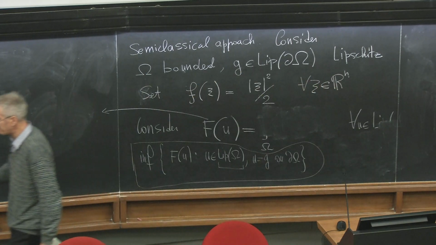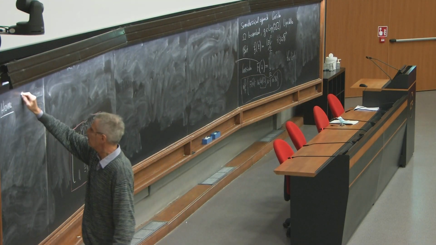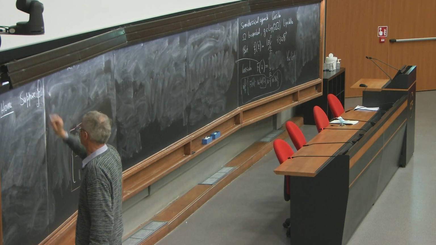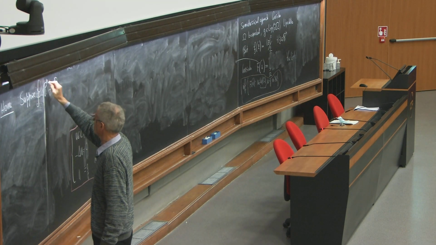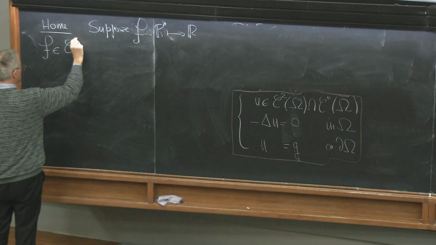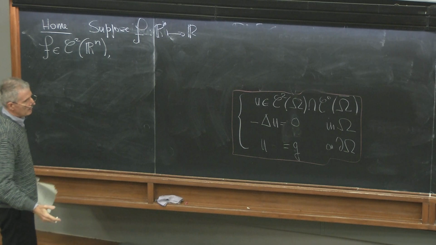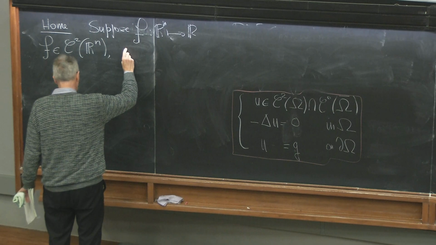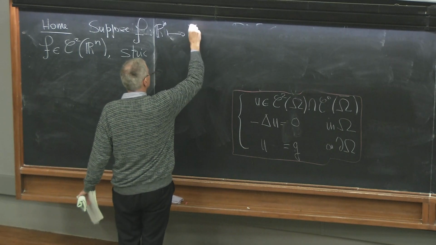So suppose that now f is a smooth C2 function from Rn. Suppose it is C2. And suppose that it is, well, at this level it is not necessary, but I want to keep it, strictly convex, non-negative.